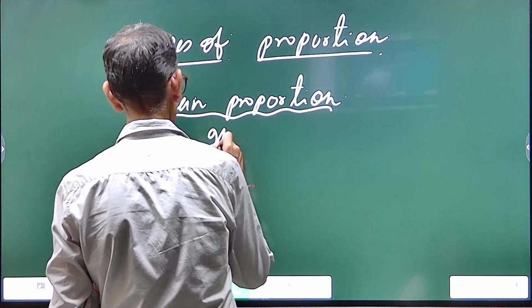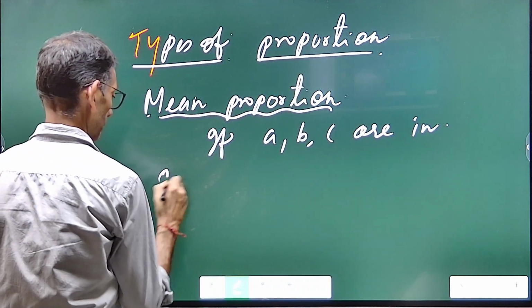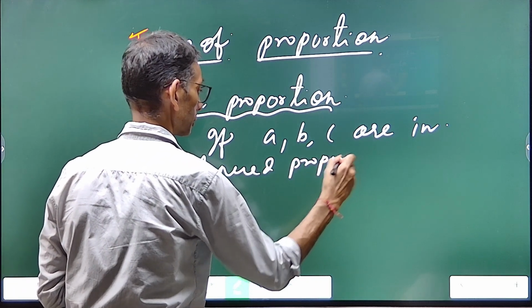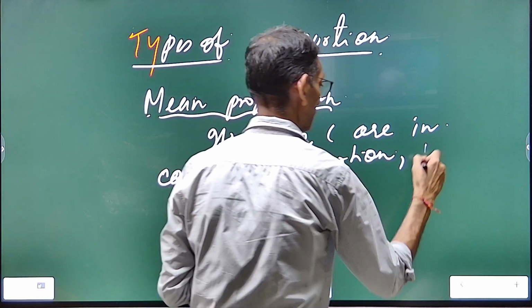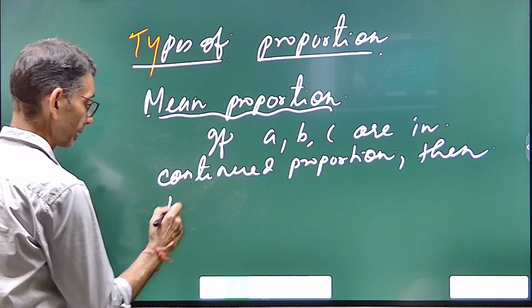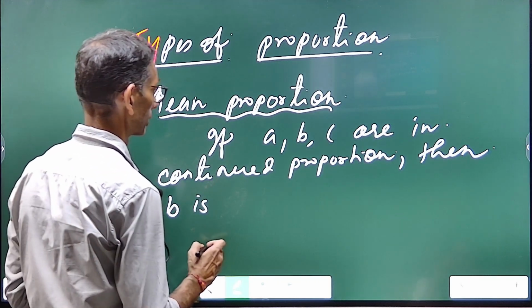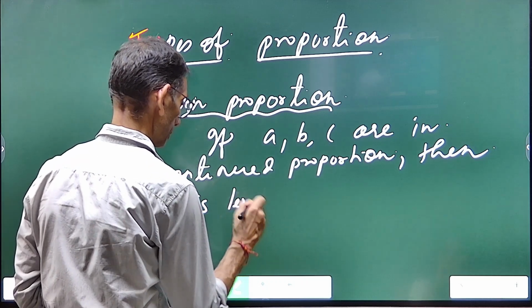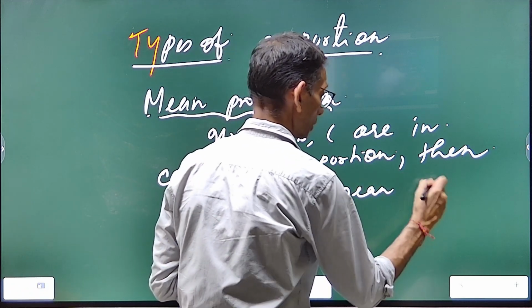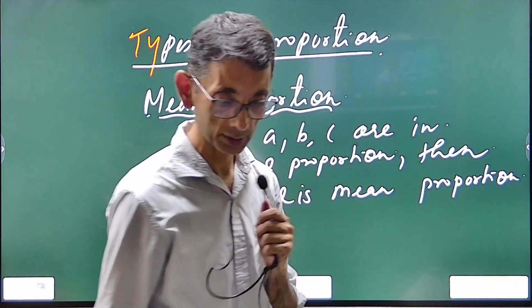Okay, if A, B, C are in continued proportion, then B is termed as mean proportion.